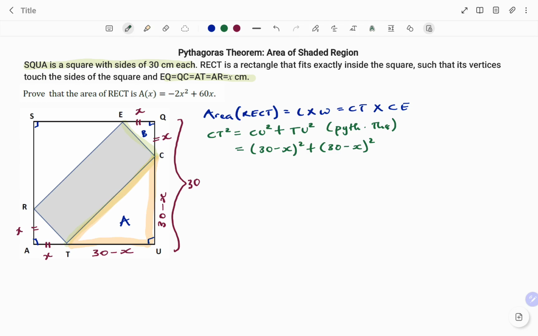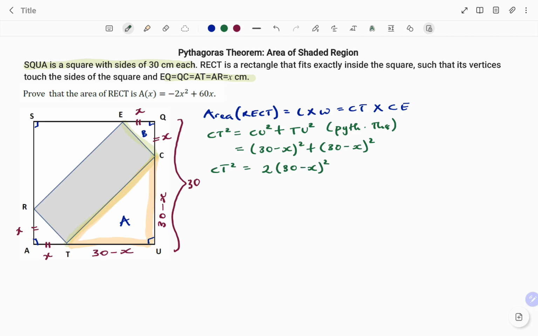I'm not going to expand. You'll see why shortly. Because I have the same content, it's similar to saying x plus x, which is 2x. So I'm going to write this as 2 times 30 minus x all squared.